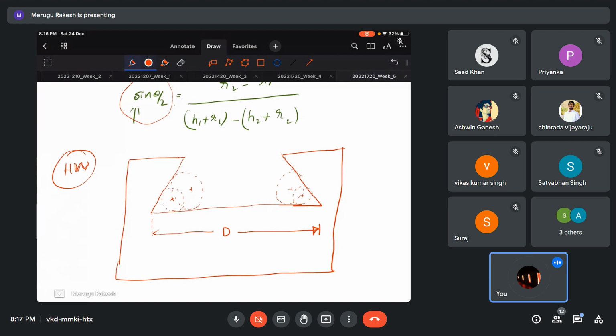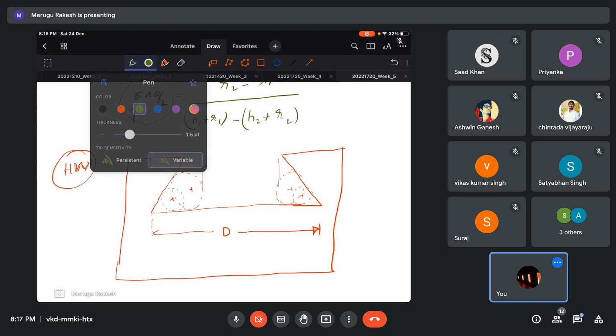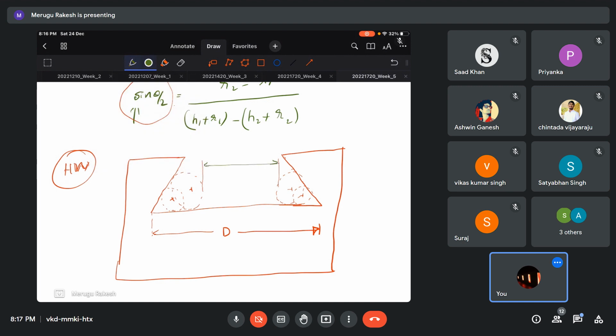Okay, and now I have the values. This is L2, and the same length for the smaller one is L1. Then this is R1, this is R2, and similarly this side also you can take R1, R2. Same rollers I am giving. Just give me the dimension of D. What is D here?